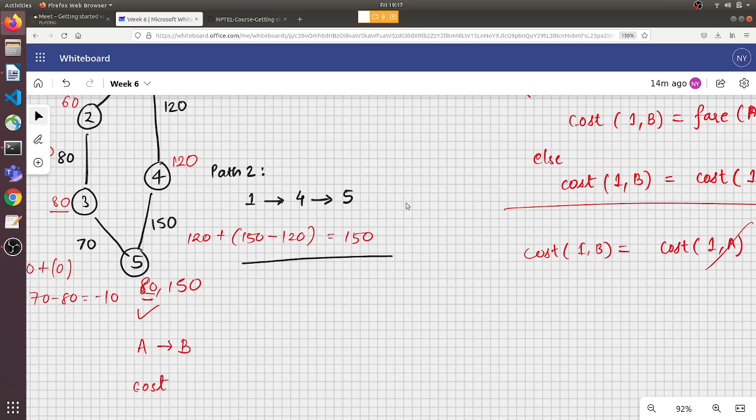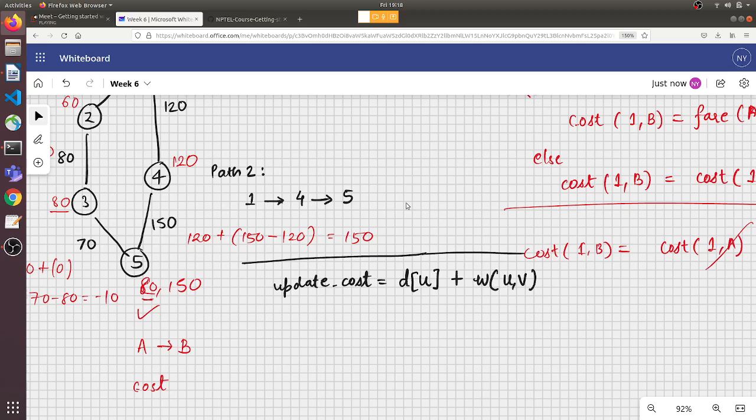Earlier the update cost would be something like d of v, if u is the current node, so whatever is the distance that u has currently plus the edge weight, so edge weight w u comma v.